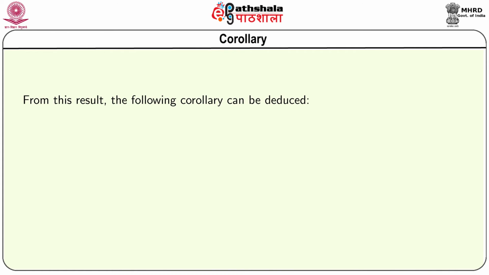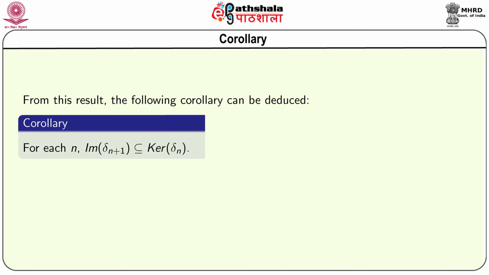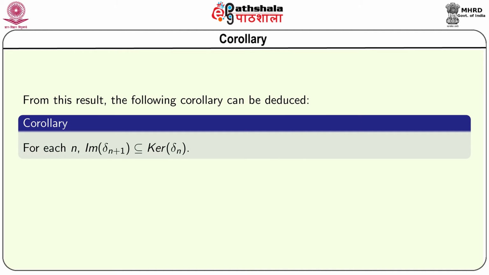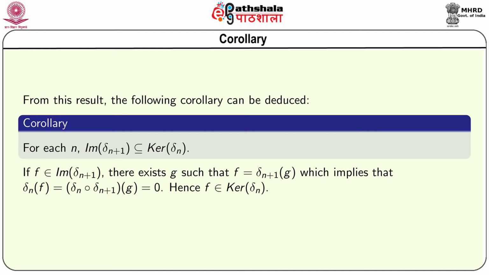So, from this result, the following corollary can be deduced. For each n, the image of ∂n+1 is contained in the kernel of ∂n. Let us prove this corollary.